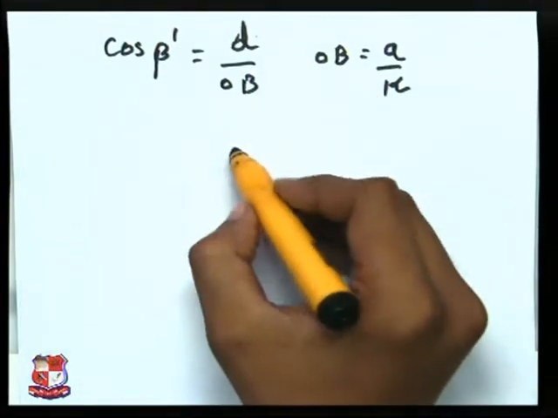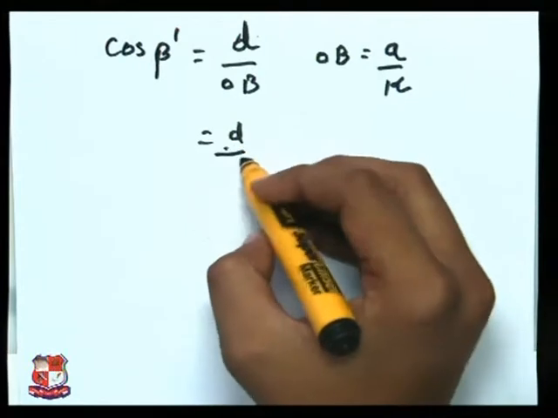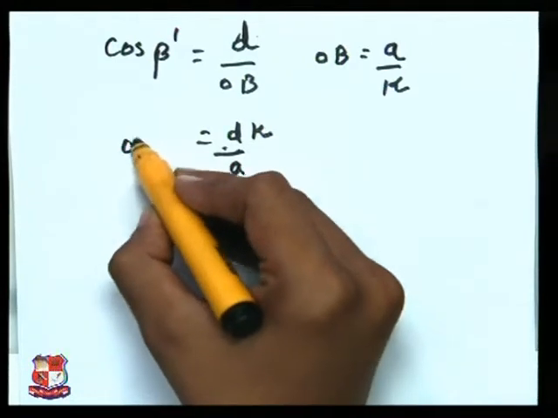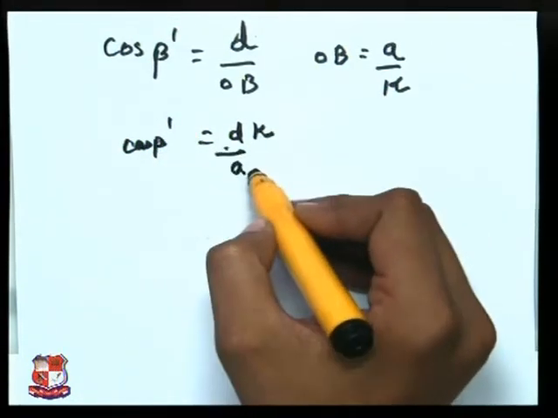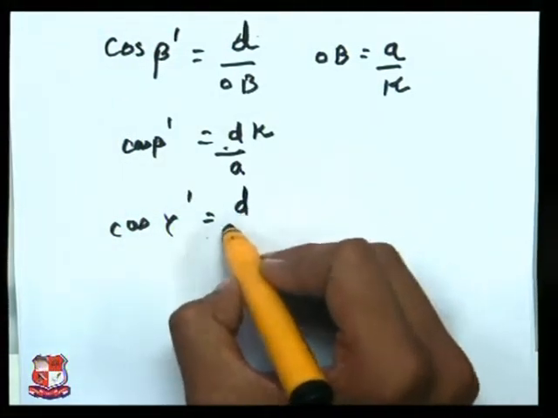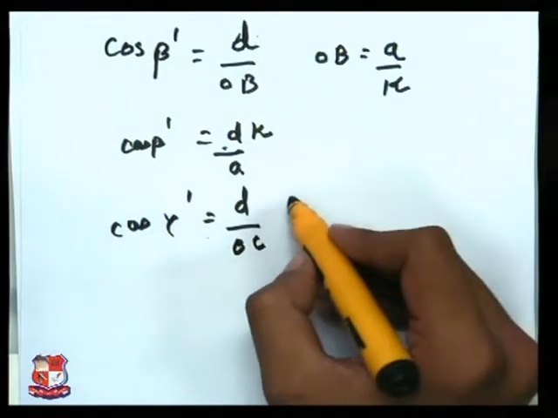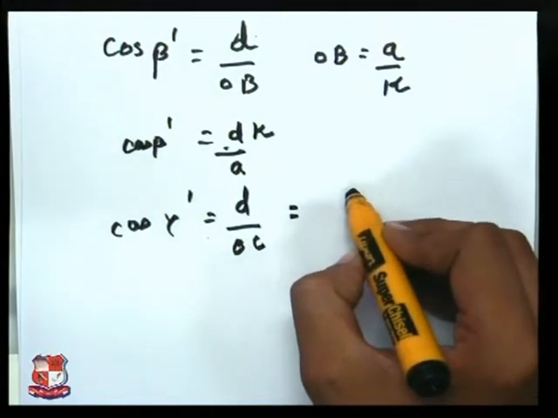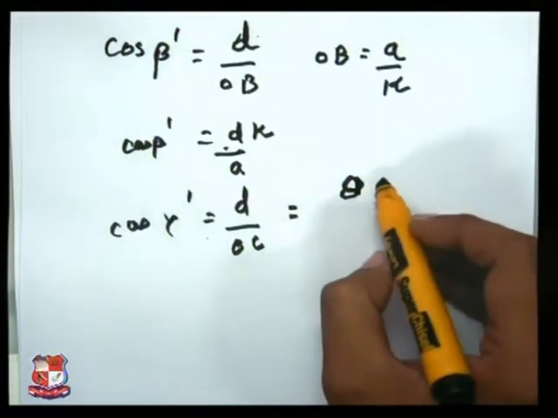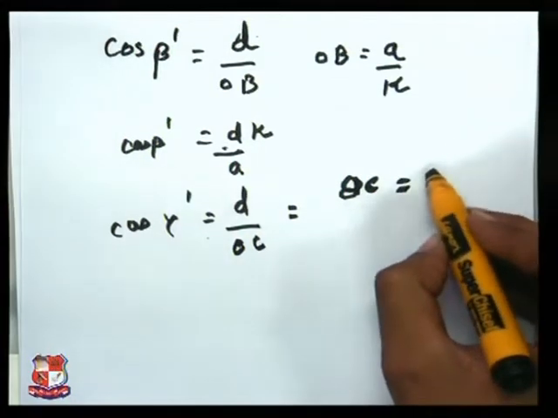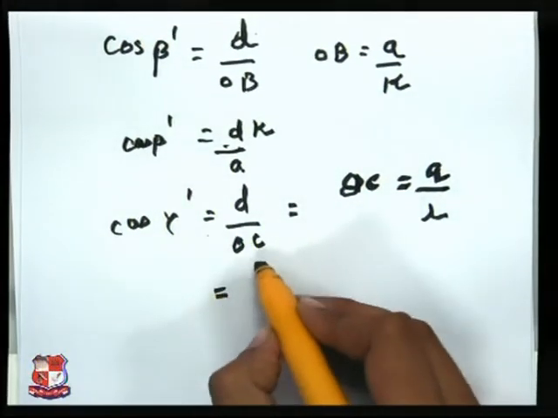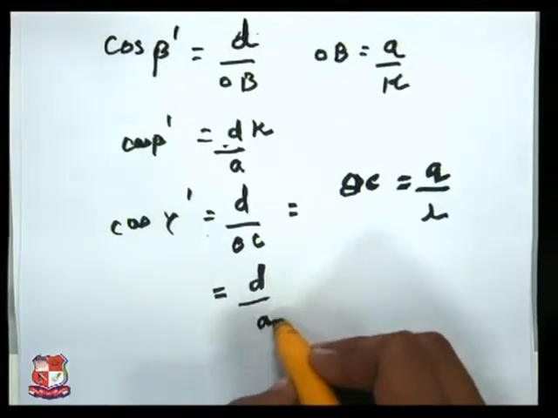If we substitute this value, cos beta dash is equal to dk upon a. And in the same manner, cos gamma dash is equal to d upon OC, where OC is equal to a upon l. So cos gamma dash is equal to dl upon a.